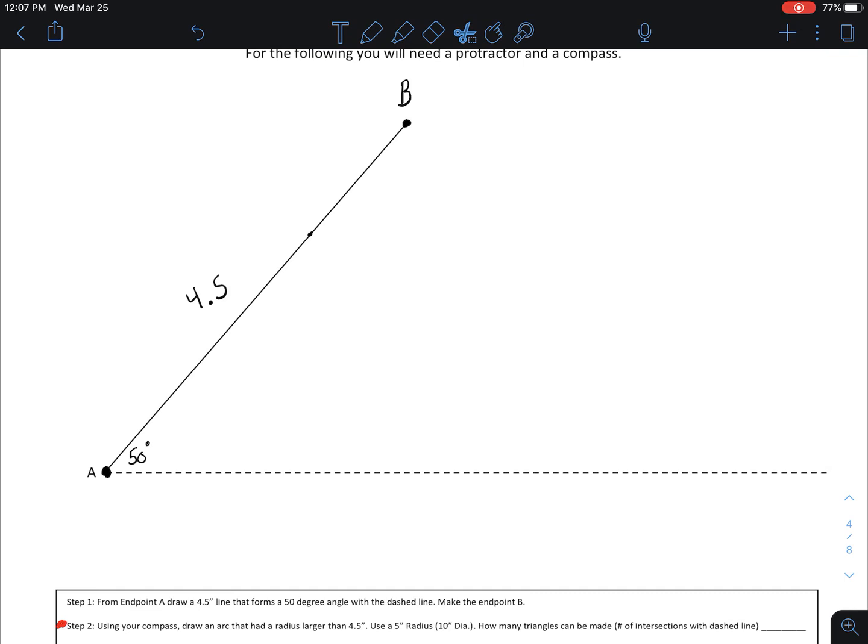So 4.5 inches. And I'm going to draw an arc. So 4.5 inches, my 10-inch diameter line on this is right here. Oh, I had to get back to my pen. All right, so my radius line here, I'd have there.